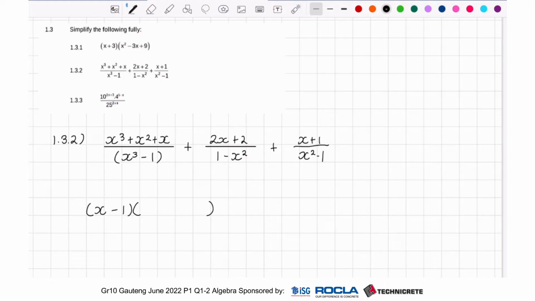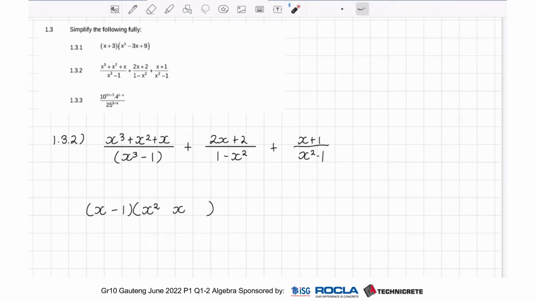And then for my second bracket, I'm going to square the first term of the first bracket. So I'm going to have x squared. And then for the second term in my second bracket, I'm going to have the two terms multiplied together from the first bracket, so 1 times x, which is x as this term.